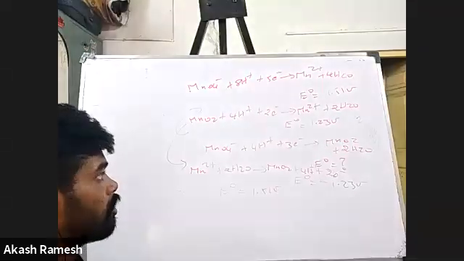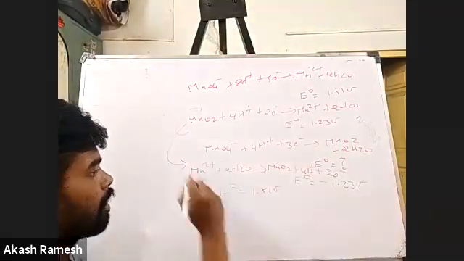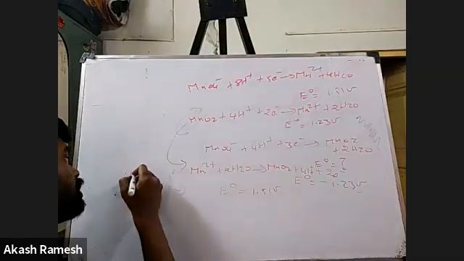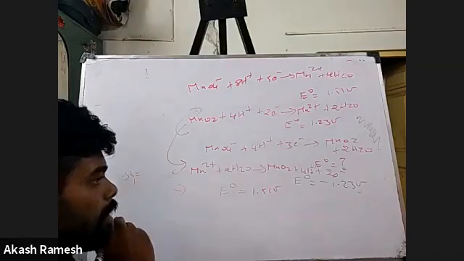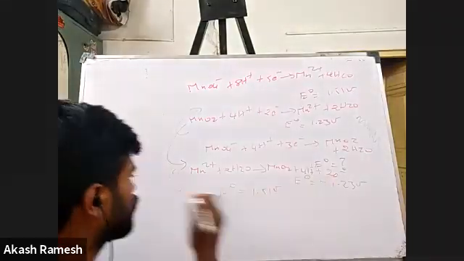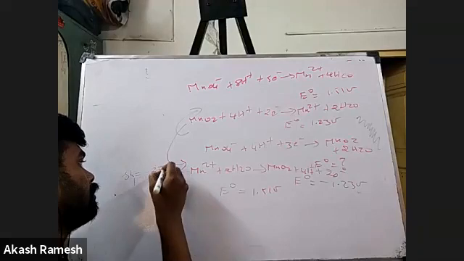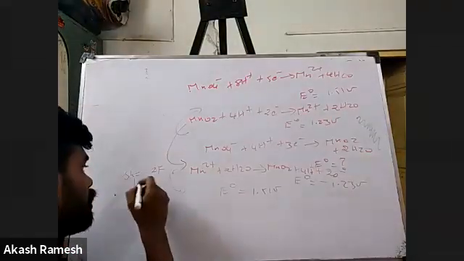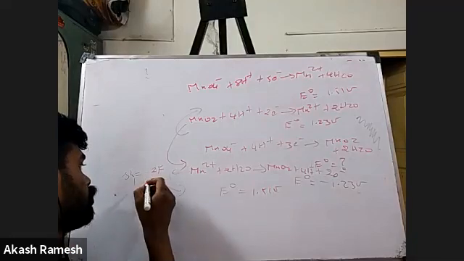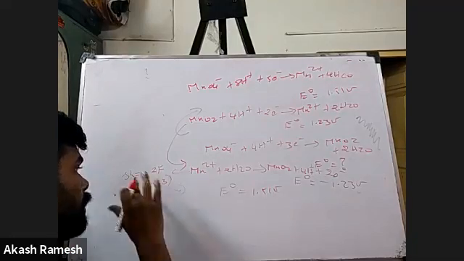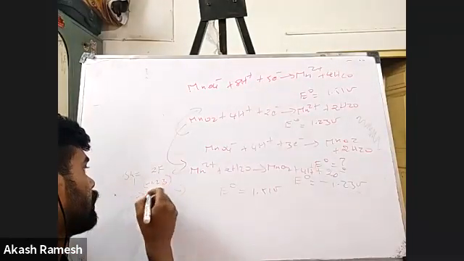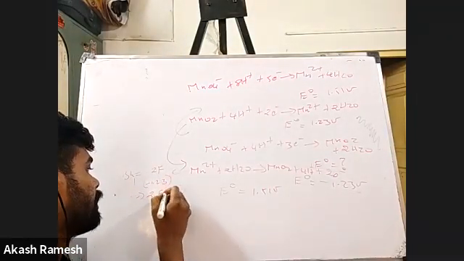Okay, fine. For this reaction, I'll convert it to delta G. Delta G1 will be equal to, how many electrons here? 2 electrons. So minus 2F into minus 1.23, so it will become plus 2F into 1.23.